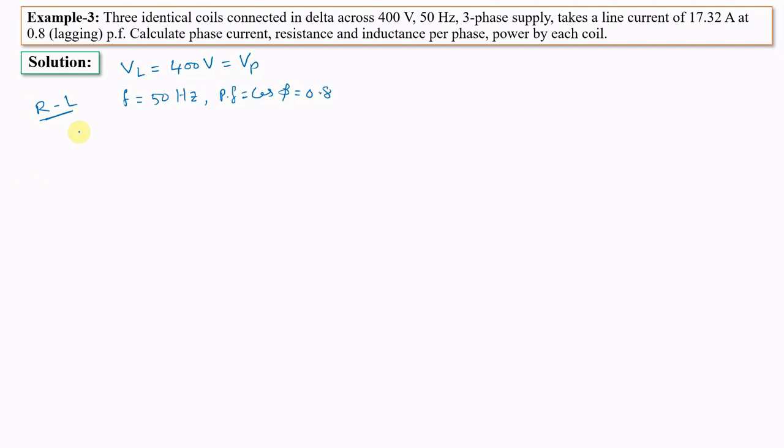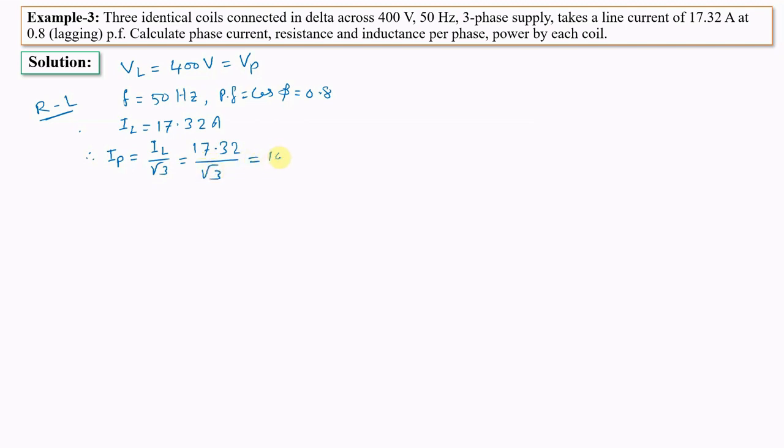So first of all, we can calculate one more thing. The current is given, that is the line current, and it is 17.32 ampere. So we can find the phase current, and it will be the line current upon root 3. That means 17.32 upon root 3.